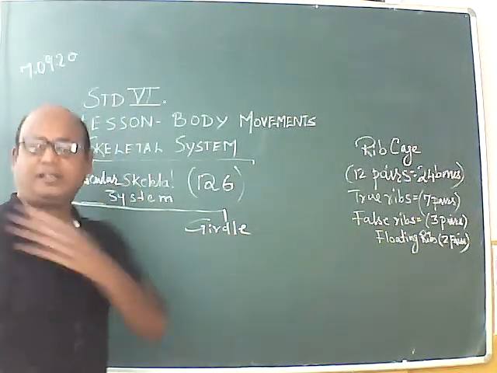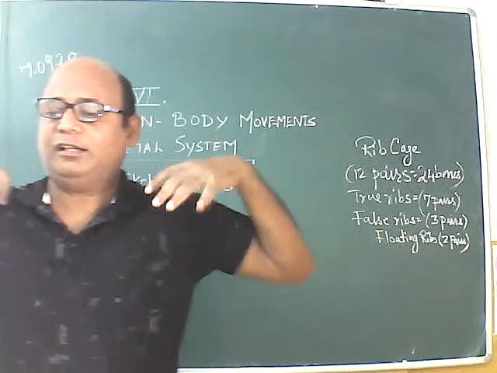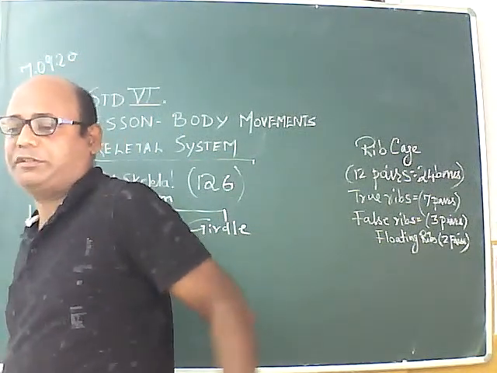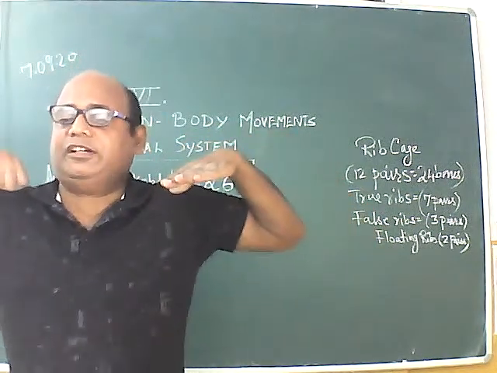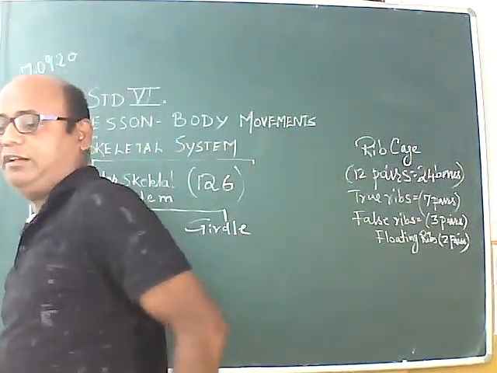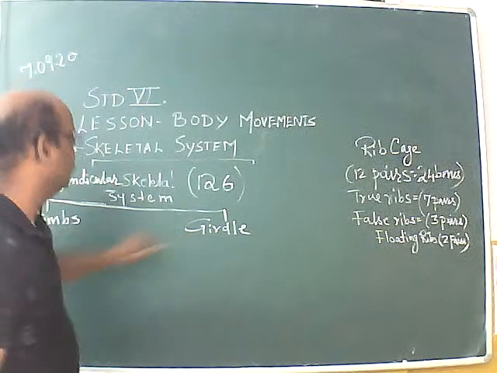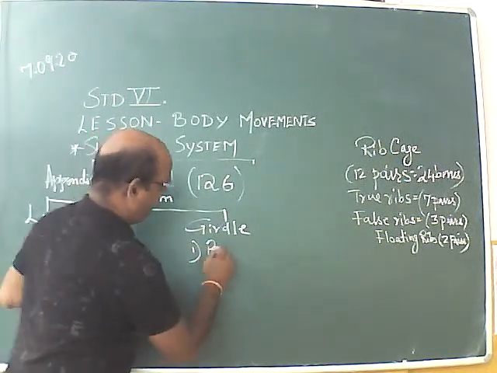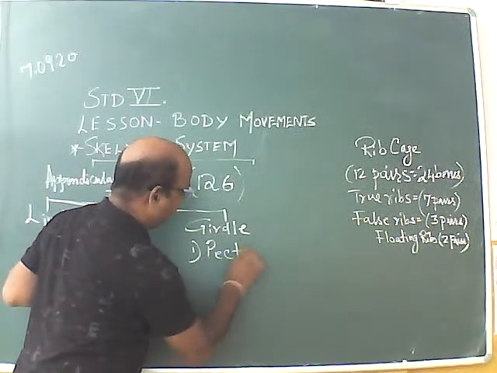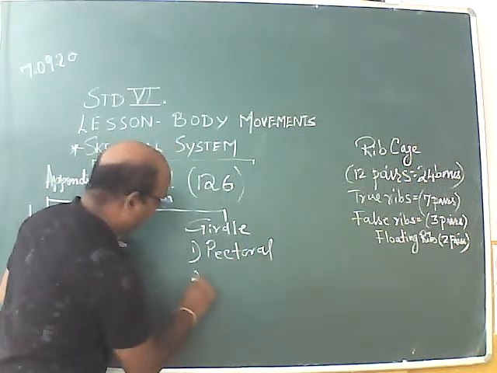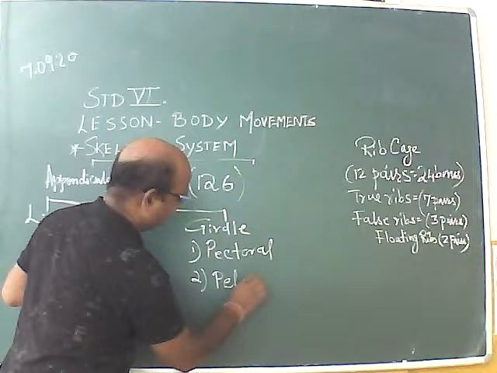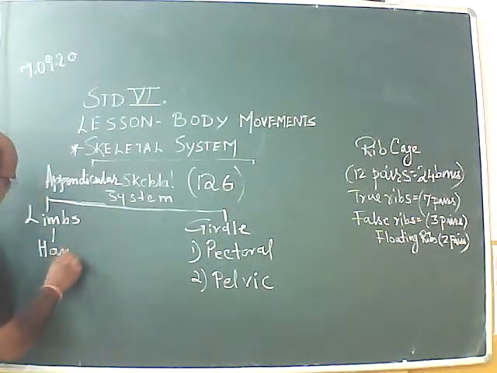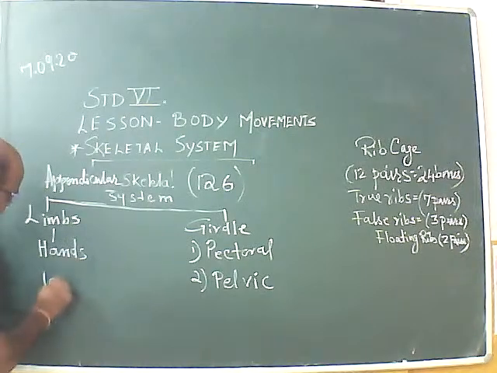Girdle means here the pectoral girdle, and here where our ball and socket joint is, the hip joint, this is the pelvic girdle. So we will find the pectoral and pelvic girdle, and here in the hands and legs.